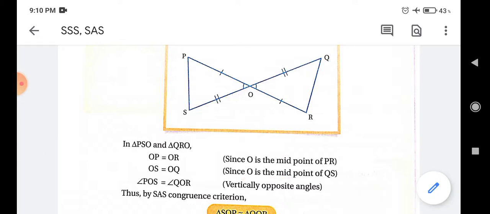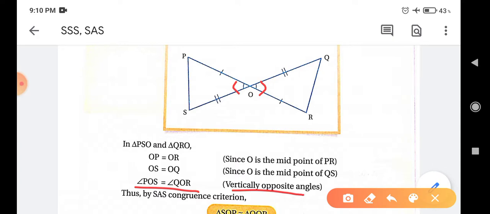And angle POS and angle QOR are equal because these are vertically opposite angles.